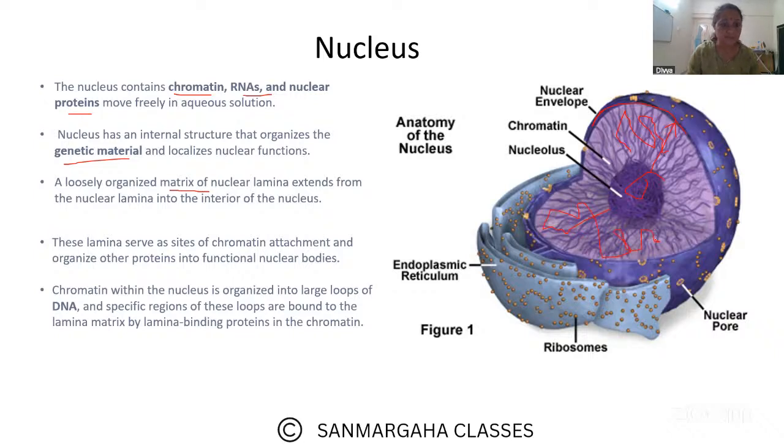Here in this lamina you can see the attachment of chromatin fibers everywhere. It has DNA present in it. I have told you a loop of DNA is found here, and the chromatin fiber coils around the proteins, hence forming the genetic material.